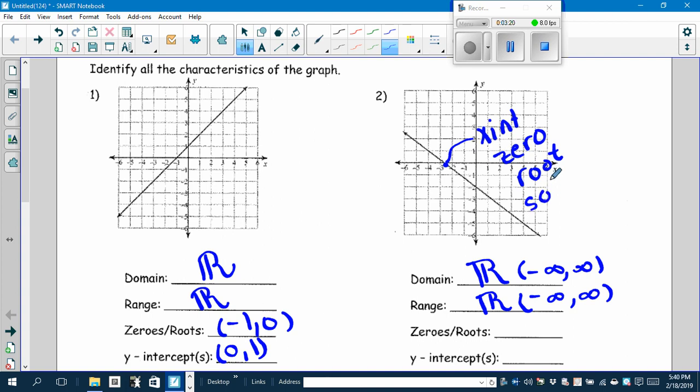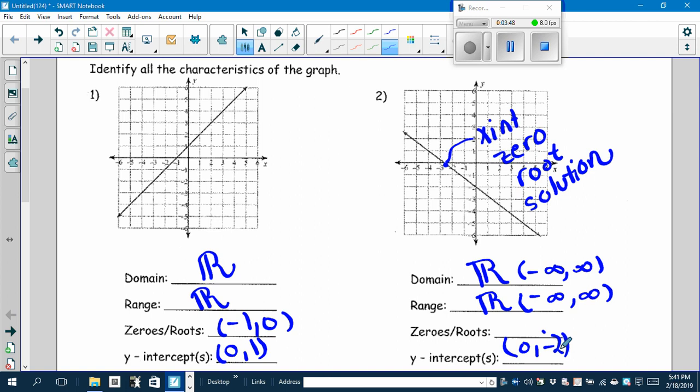I don't know why we have 4 words for one thing, which can be very frustrating to you guys, and I understand that. So, and then our y-intercept right here is -2. So remember, you have to write that as a point. The x value is 0, and the y value is -2.